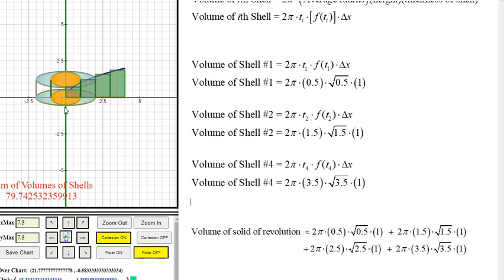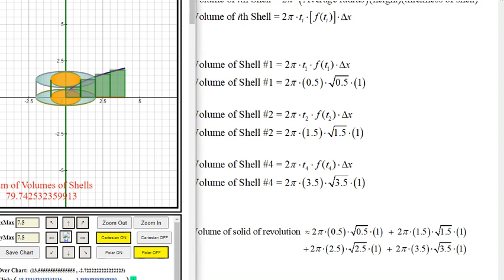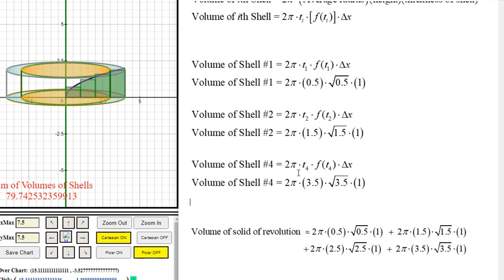And then for shell number 4, the average radius is t sub 4, which is 3.5. And the height of shell number 4 is the square root of 3.5. And then again, the thickness of shell number 4 is just the width of the rectangle, which is 1.